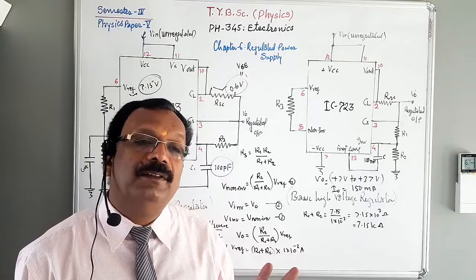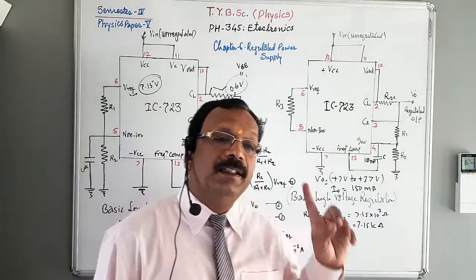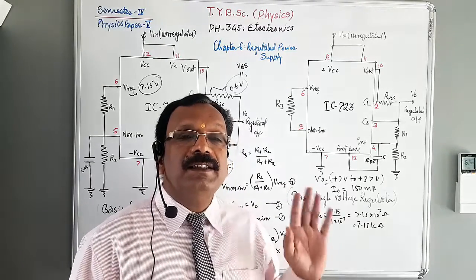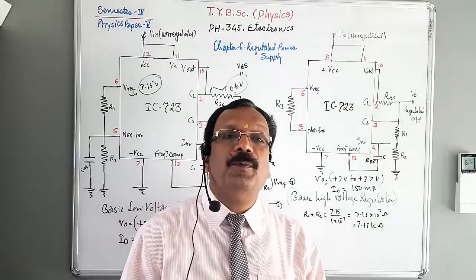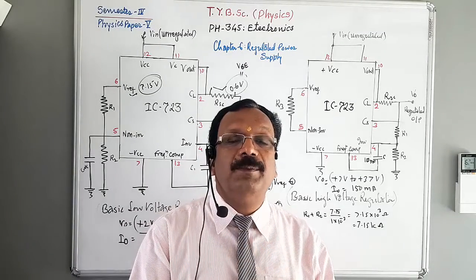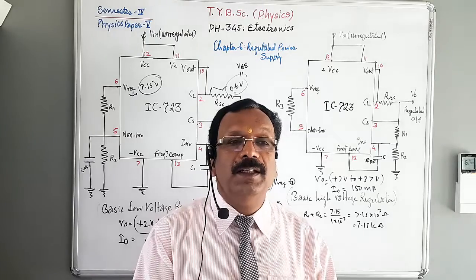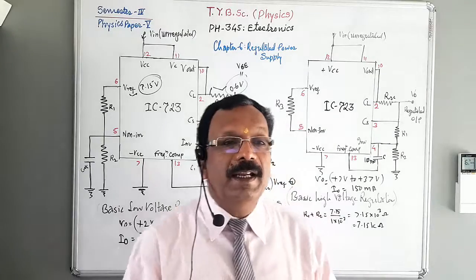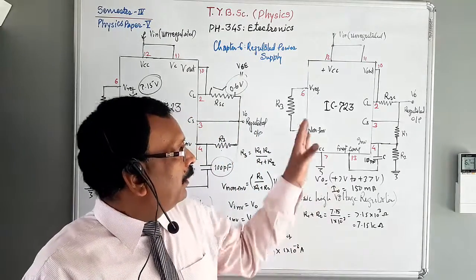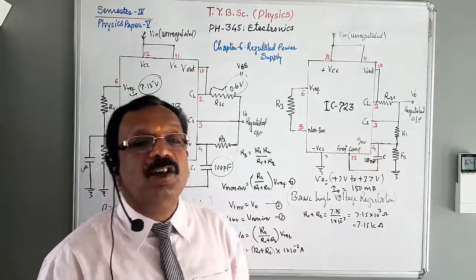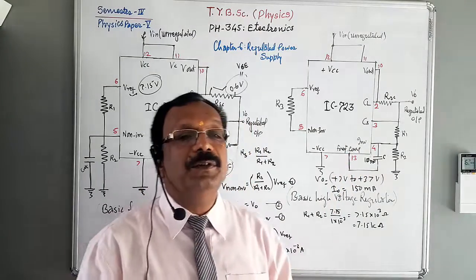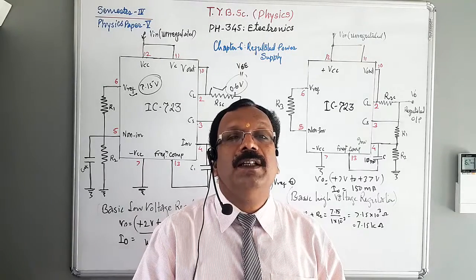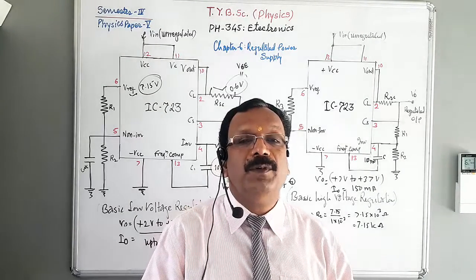If we do not properly select the values of resistors, then these circuits are unable to give the proper basic low voltage regulated output between plus 2 to 7 volt, and in the high voltage regulator, if R1, R2, R3, RSC are not properly selected, then this circuit is unable to give the basic high voltage regulated output in the range plus 7 to plus 37 volt.